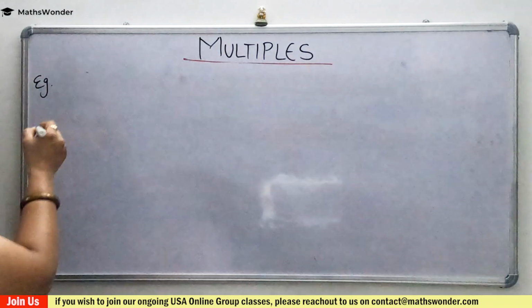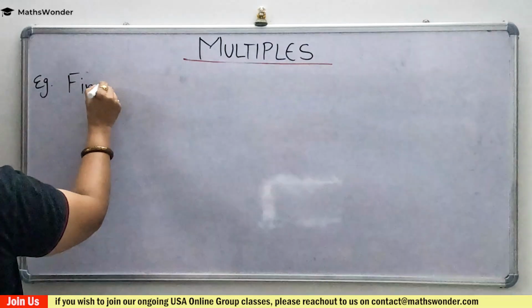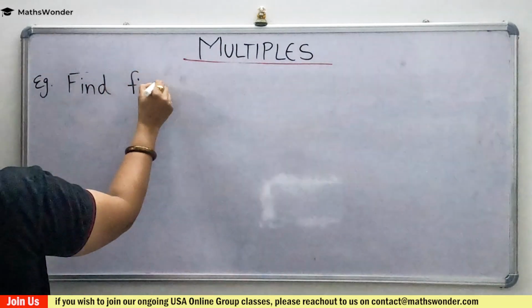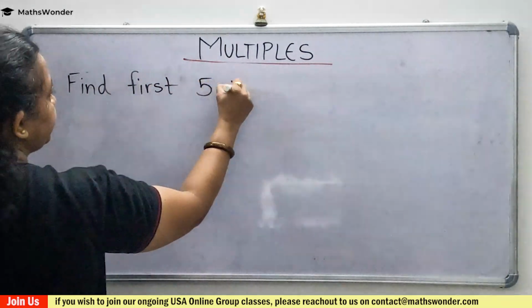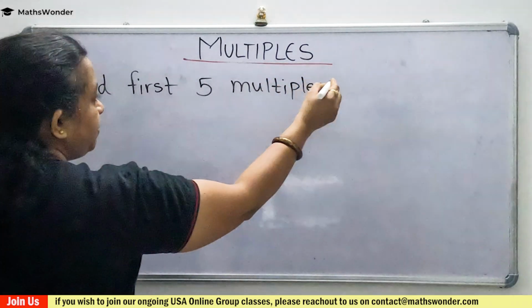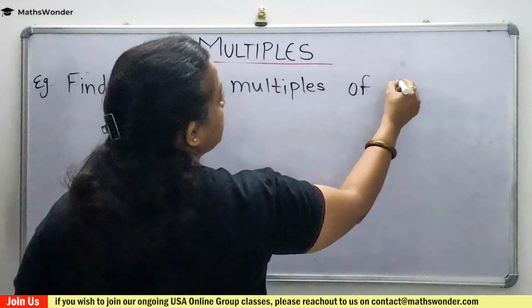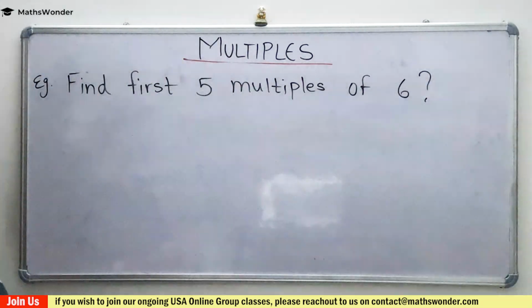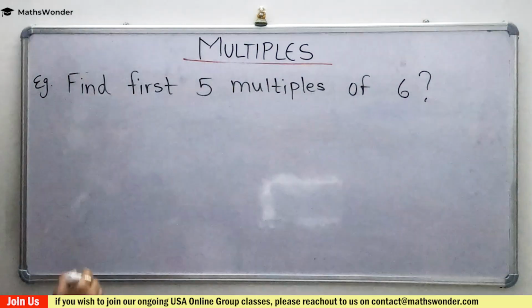Suppose: find the first 5 multiples of 6. So how will you find it? First 5 you want to find, right?